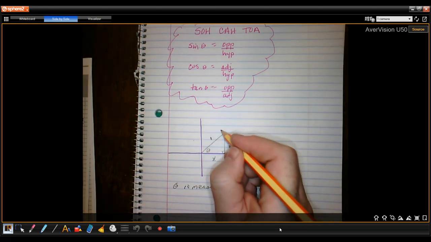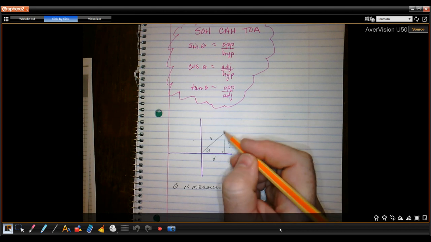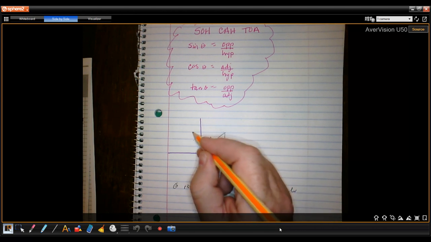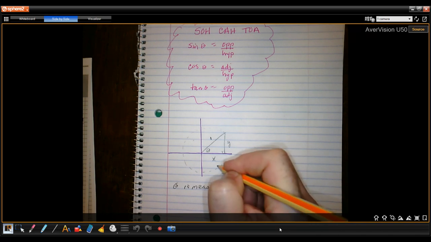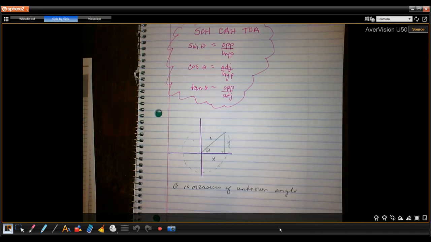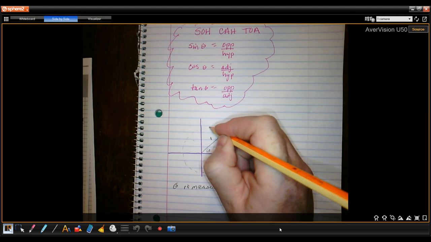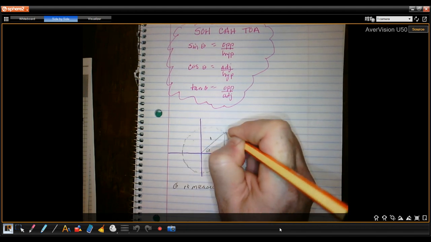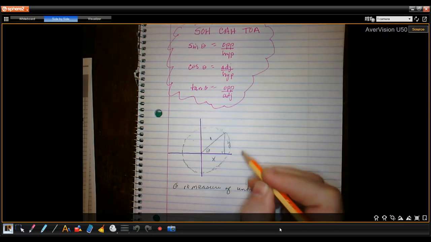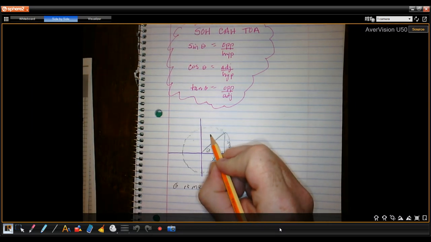So like you have a circle, something like this. Hopefully you can see it. It's a unit circle, radius of 1. So there is 1.